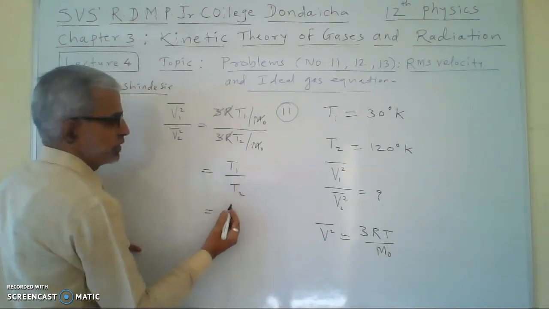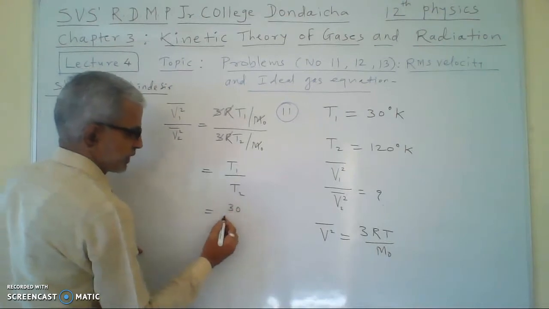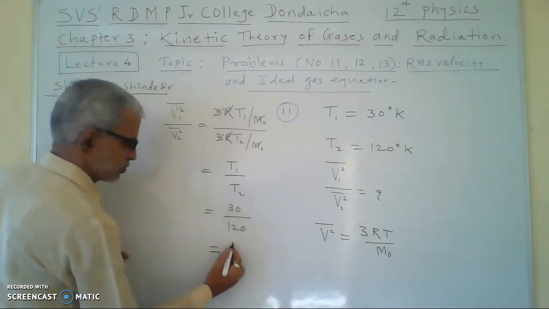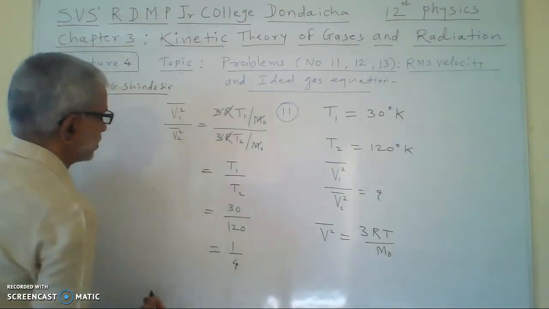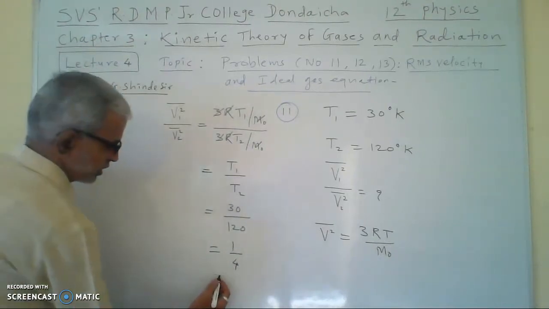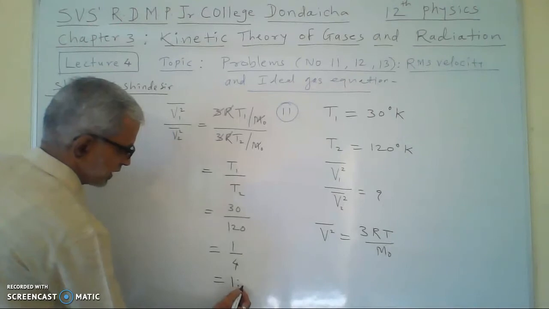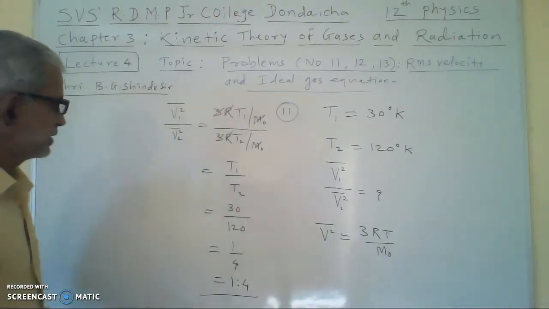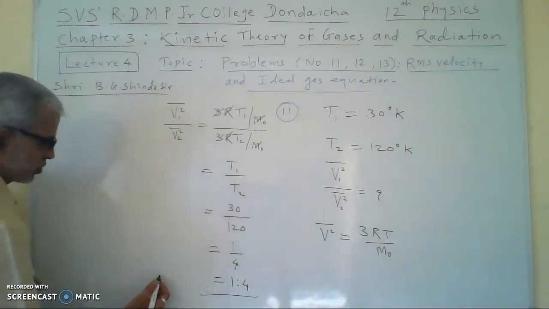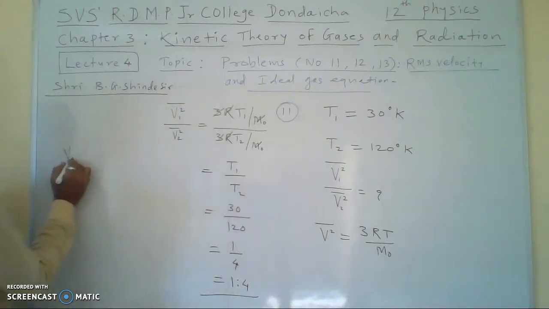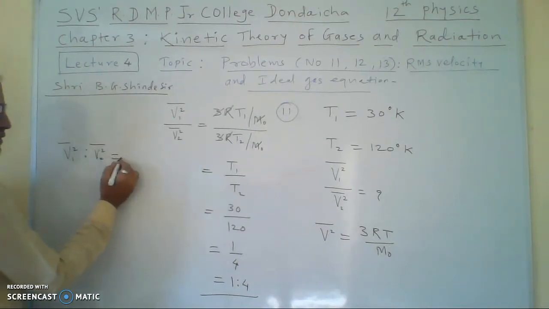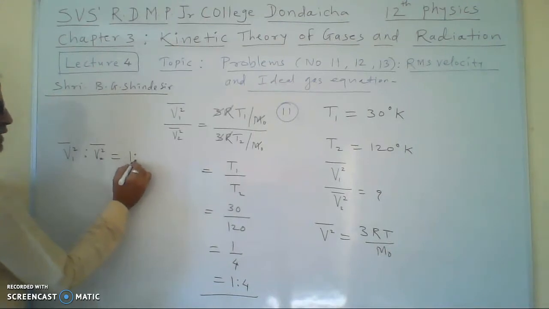Now put the value of T1, it is 30, and T2 is 120. So this is 1 upon 4. So this is the final answer. Since it is a ratio, we write this as 1:4. So the final answer V1 square bar to V2 square bar is equal to 1:4.